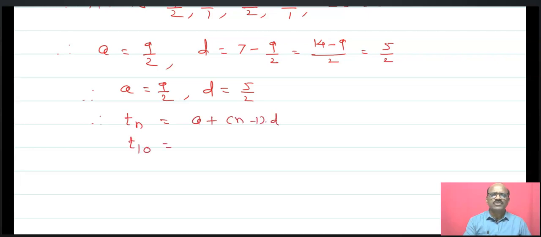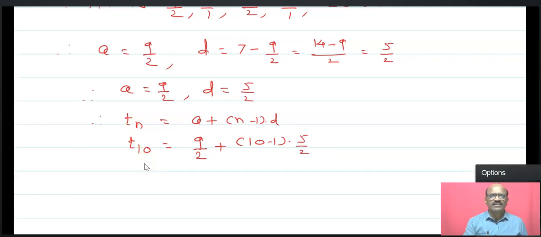Tn is equal to A plus N minus 1 into D. And here we are replacing the value of N by 10. Value of A is 9 by 2. N means 10 minus 1 into 5 by 2.